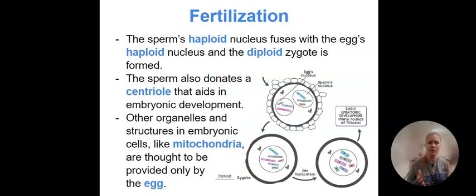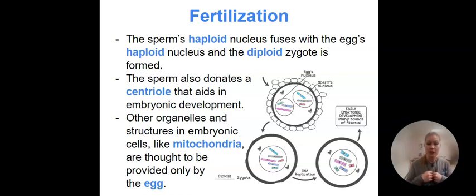It's also thought that a lot of the organelles and other structures are provided by the egg. So really the only thing that the sperm is donating is genetic material. Sorry.